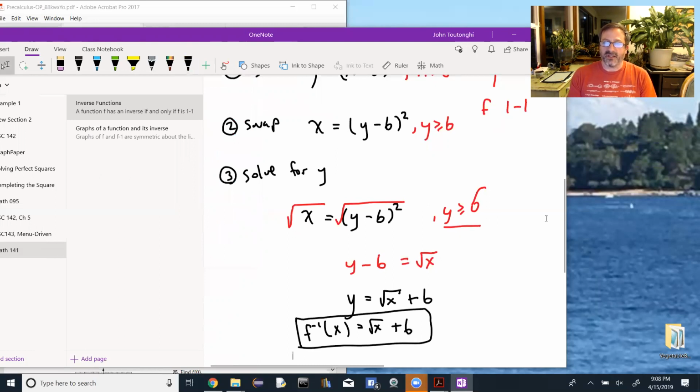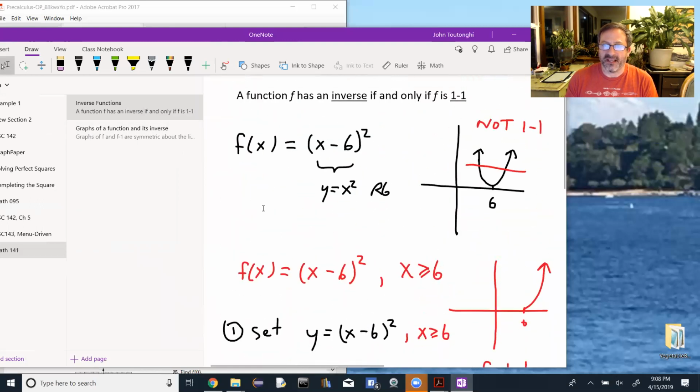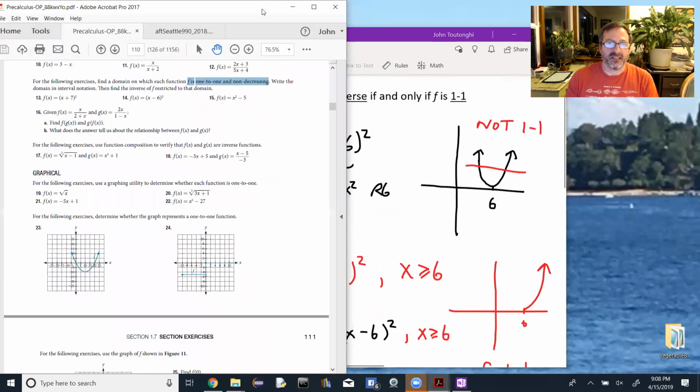Okay, even though this problem doesn't ask me to graph these two functions, I want to look at the graphs of these two functions, or really the graphs of any two inverse functions. And just recapping here, the way they worded this is a little bit strange. Back on the homework, it said, find the domain on which f is one-to-one and non-decreasing.